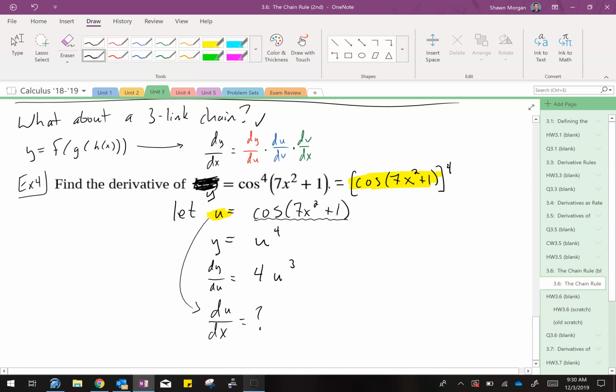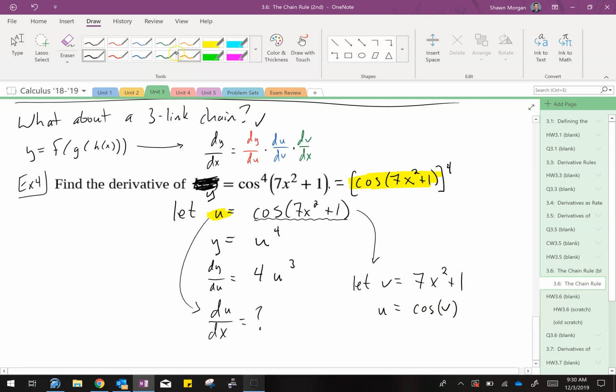So let's make a second substitution. So I'm going to say let v equals 7x squared plus 1. So that instead of differentiating u with respect to x, I can very much easily differentiate u with respect to v, right?